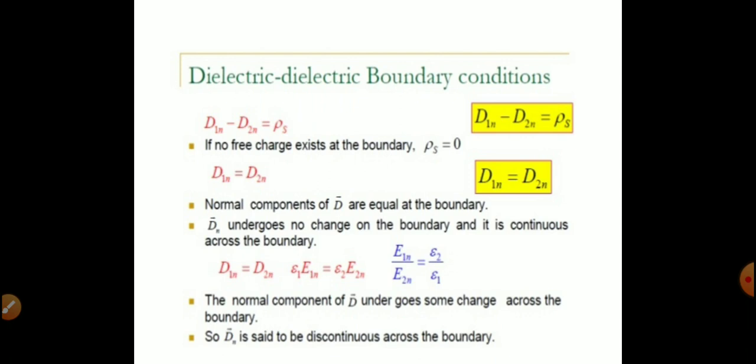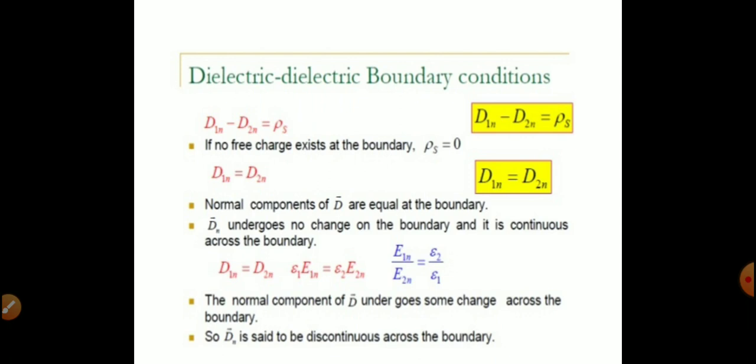Dn undergoes no change at the boundary and is continuous across the boundary. So D1n equals D2n, permittivity of E1 times E1n equals permittivity of E2 times E2n, and E1n upon E2n equals permittivity of E2 upon permittivity of E1.